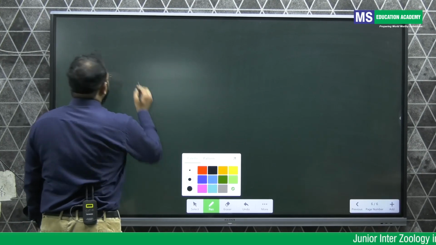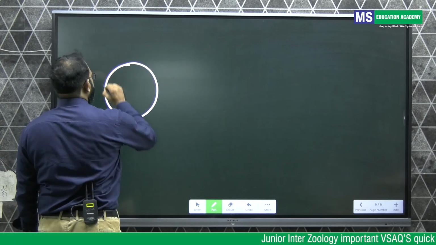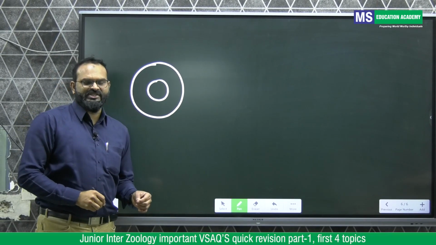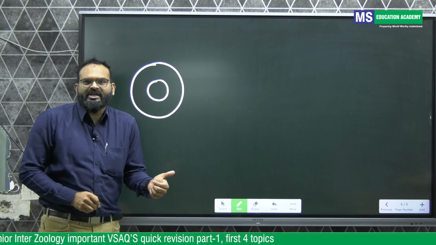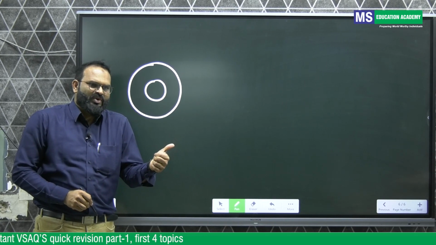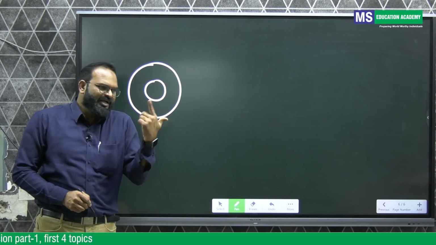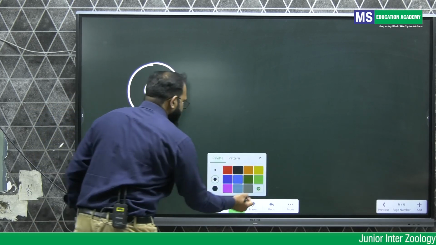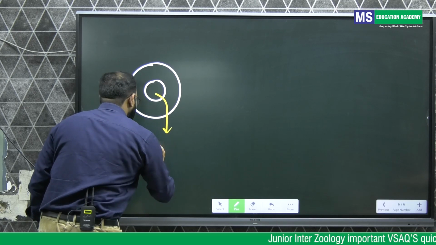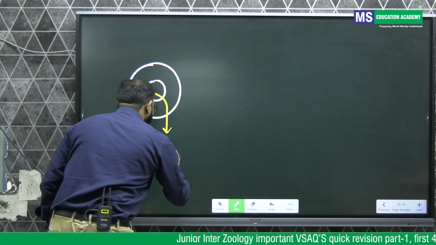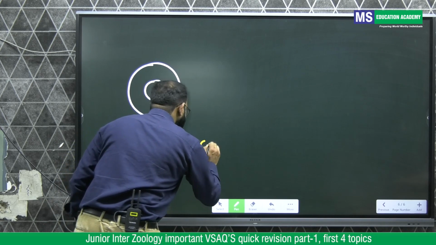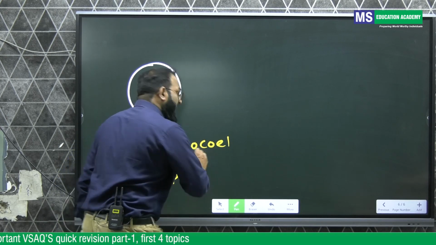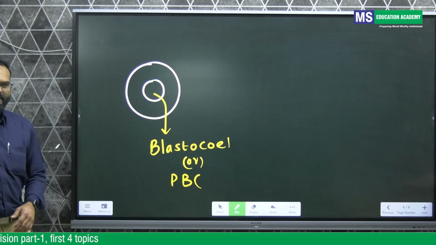Students, if you recall the explanation of embryonic development, during the early embryonic stages, as you know the first embryonic developmental stage is morula, second stage is blastula, third stage is gastrula. In the second stage, you can see one body cavity, students, and that body cavity is called blastocoel or PBC, primary body cavity.